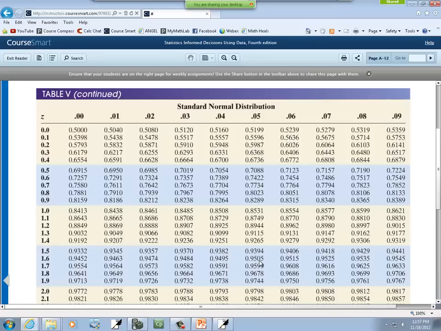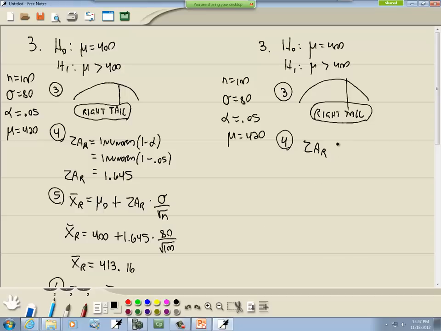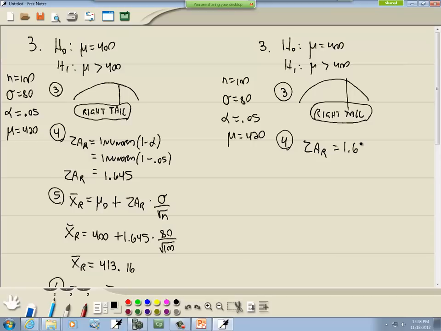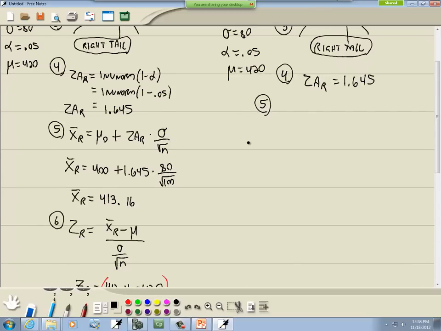Here's 0.9505. Halfway in between that. So come over here. It's 1.6. And 0.95. Boy, my eyes get off. Here it is. It's between these two. So come up here. It's between 0.04 and 0.05. So this will be 4 or 5. Well, that works out nice. That's exactly the same as the other one over here.